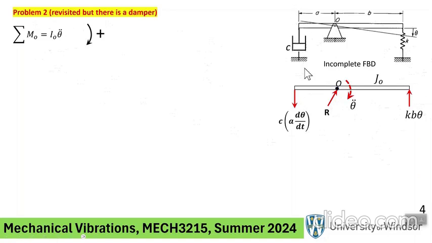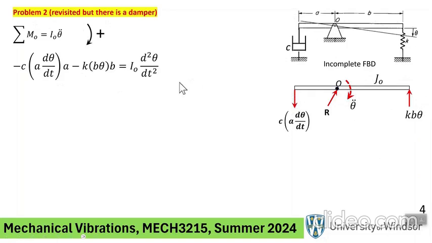So the damper's velocity is actually a theta dot, and times c. Just write all the counterclockwise or clockwise moment taken as positive. So this is counterclockwise negative. These are both negative, so they have negative moment because you can see that they're counterclockwise.